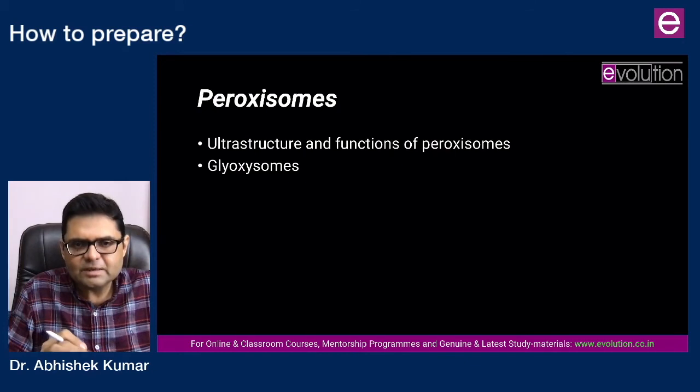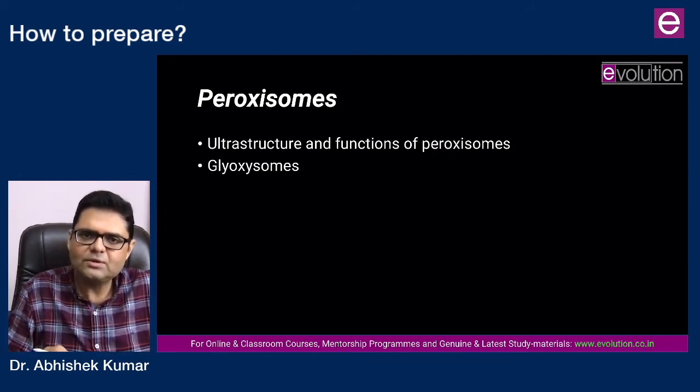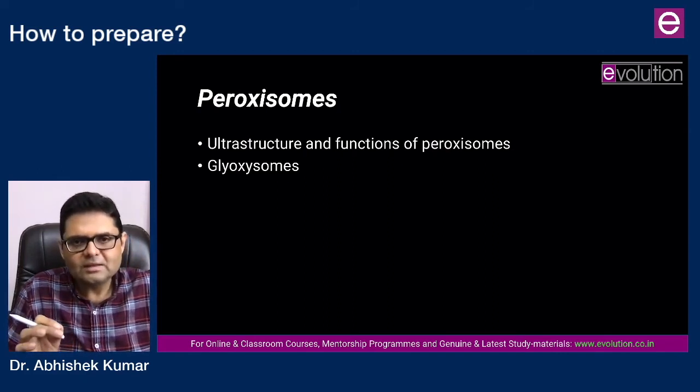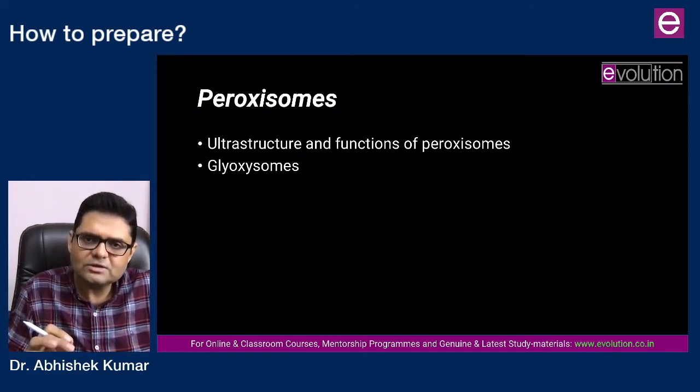But when the seed germinates, the germinating seed requires sugar. So what is the pathway that converts the stored oil into sugar? It is in a way a gluconeogenesis type of pathway, but it starts with something known as the glyoxylate pathway. And the modified peroxisomes where the glyoxylate pathway takes place are known as glyoxysomes.